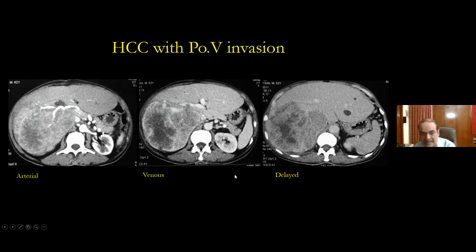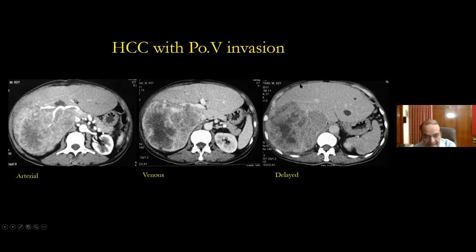And this is the delayed phase. Also look at the right branch of the portal vein. There's almost direct extension of the tumor going into the portal vein. So there is venous extension of this lesion, and in a patient who has chronic liver disease, this would be diagnostic for HCC. And if you have findings like this, you really don't need to biopsy.